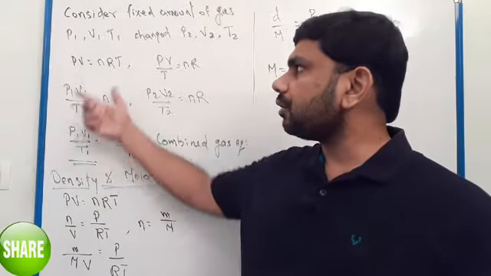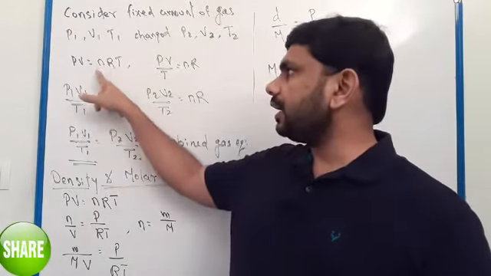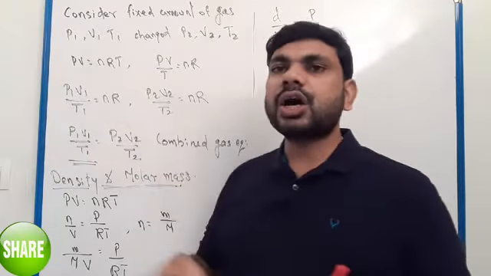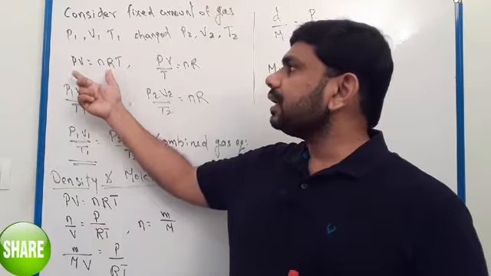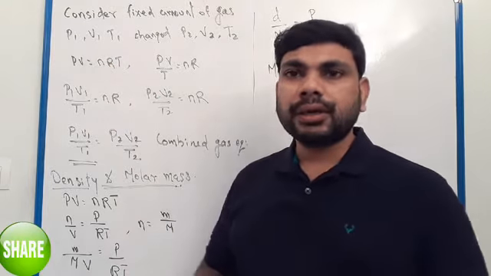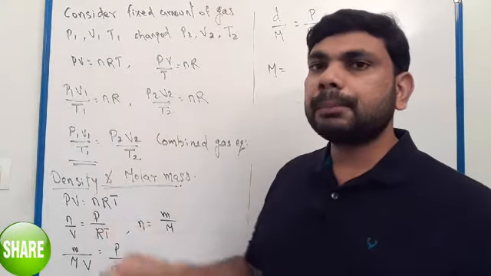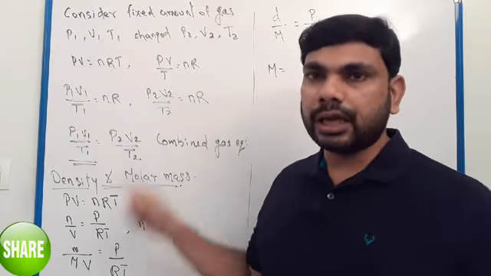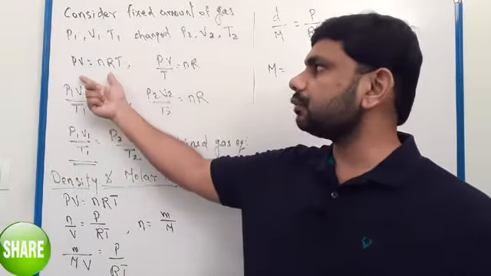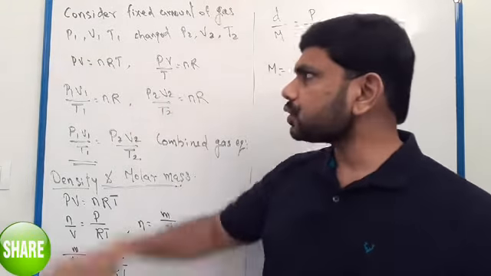According to the ideal gas equation, PV equals nRT. Here n and R are constant: n means the moles of gas, R means the universal gas constant. Others are variables. Rearranging this equation, PV by T equals nR.